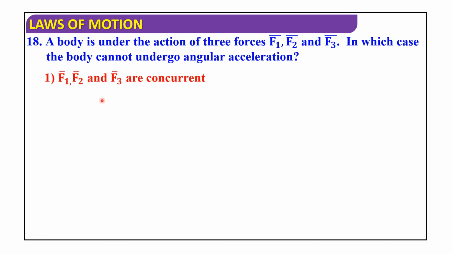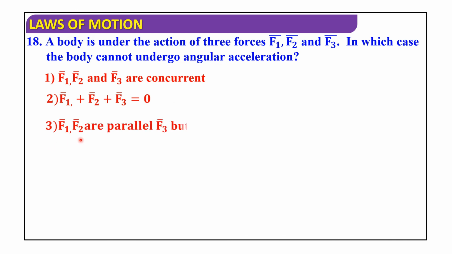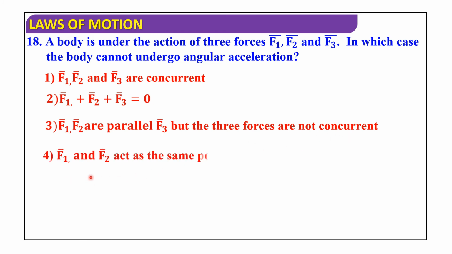F1, F2 and F3 are concurrent; F1 plus F2 plus F3 is equal to 0; F1, F2 are parallel to F3 but the three forces are not concurrent; F1 and F2 act at the same point but F3 acts at a different point. The body cannot undergo angular acceleration when F1, F2 and F3 are concurrent. First option is correct.